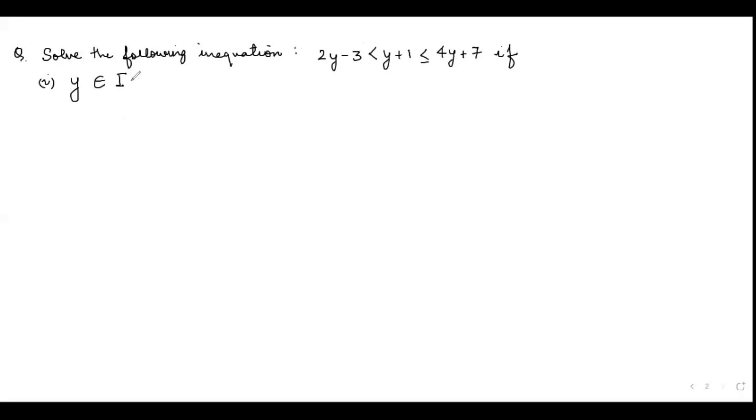Integers को Z से भी denote किया जाता है, तो ये चीज ध्यान में रख लो. Integers can be denoted with either I or Z. And number 2, when y belongs to real numbers.